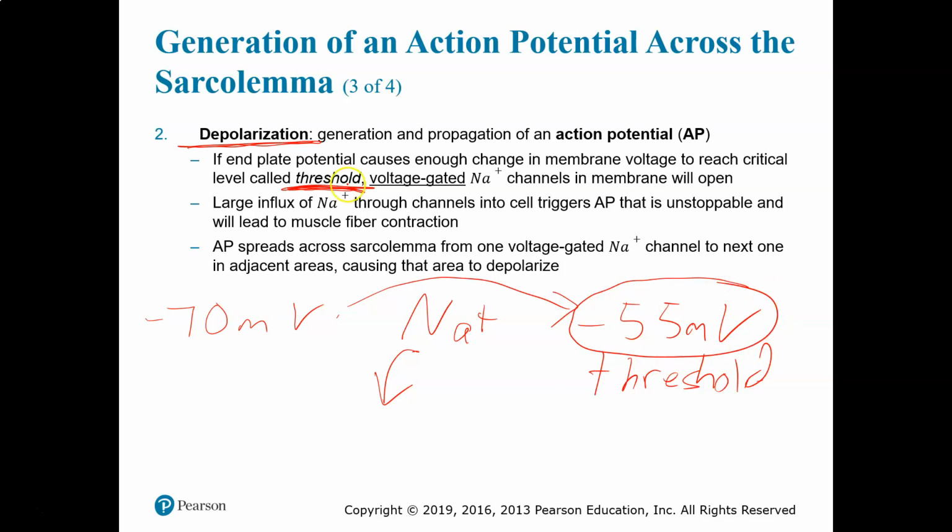So then you will have a large influx of sodium. That means that sodium is going to come in very, very fast, and that is what's going to cause an action potential to spread across the sarcolemma from one voltage gated sodium channel to the next. So that's what causes the spread of the action potential, and that is the meaning of propagate.